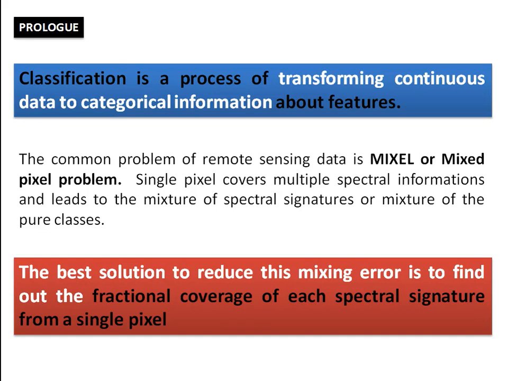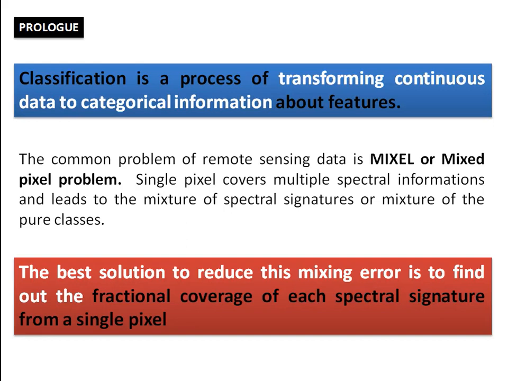So how can it be possible? By decomposing the pixel spectral value, we can get this kind of fractional coverage. Suppose a pixel of 30-meter resolution covers 900 square meters on the ground surface, and within that area, it can cover many features like ponds, vegetative covers, bare soils, etc. Suppose a pixel is covering the vegetative cover and the bare soil.